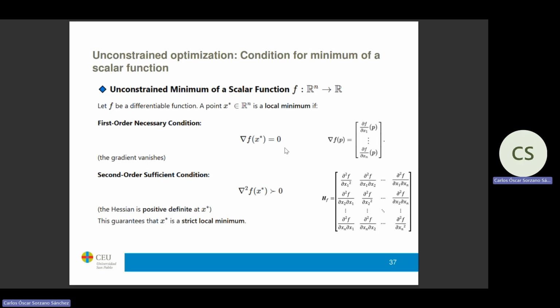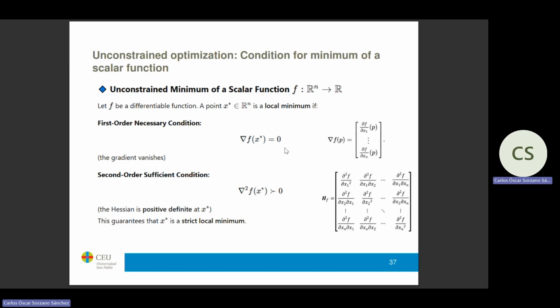Now let's extend that to multiple dimensions. Let's say that now we have a function that takes a vector as an argument and produces a scalar value, and let's say that f is differentiable. Then a point can be a minimum, and as in the one-dimensional function, the first or necessary condition is that the derivative is zero.